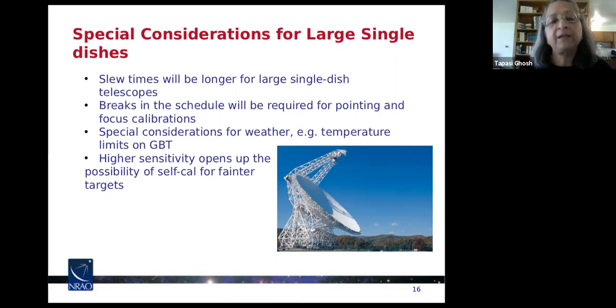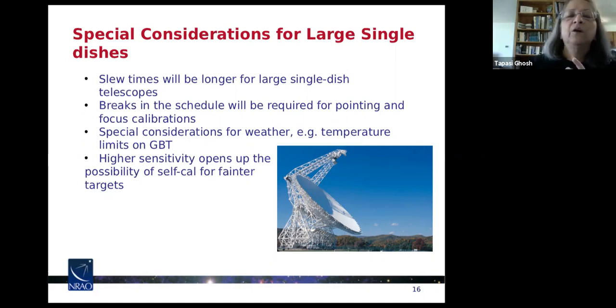Plus, to get the best performance of the GBT dish, you also have to adjust the dish surface. There are wonderful techniques developed by a lot of people, Dave Frayer being one of them, so the auto OOF and then Lassie-related work is also happening.